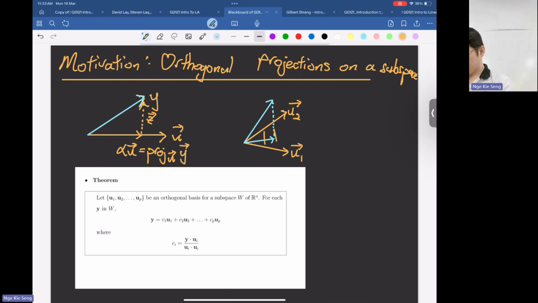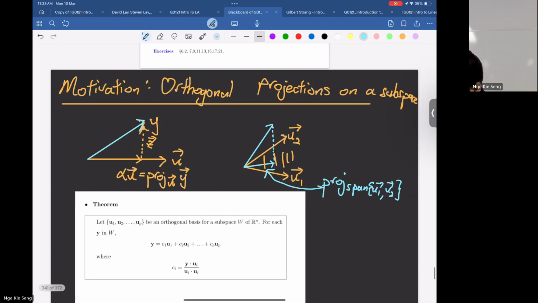So how are we going to define this? Do we have notation for it? Yes, we have notation for it. This projection here, we will call it the projection onto the subspace spanned by u1, u2 of y.